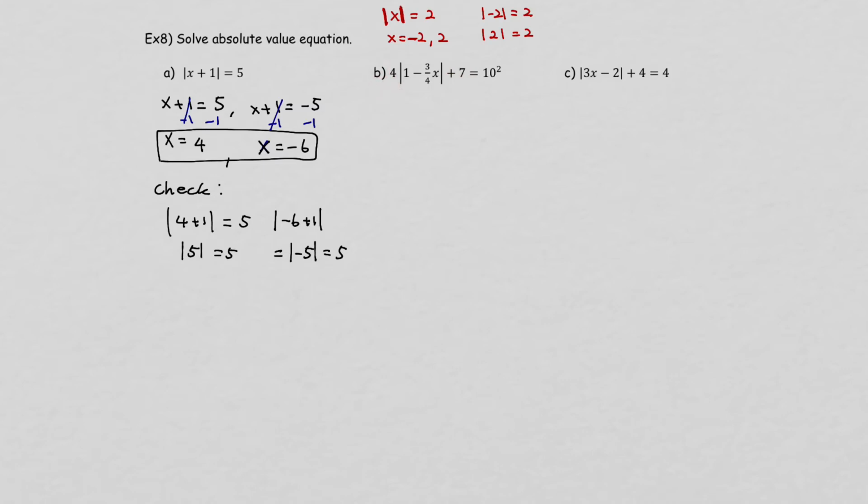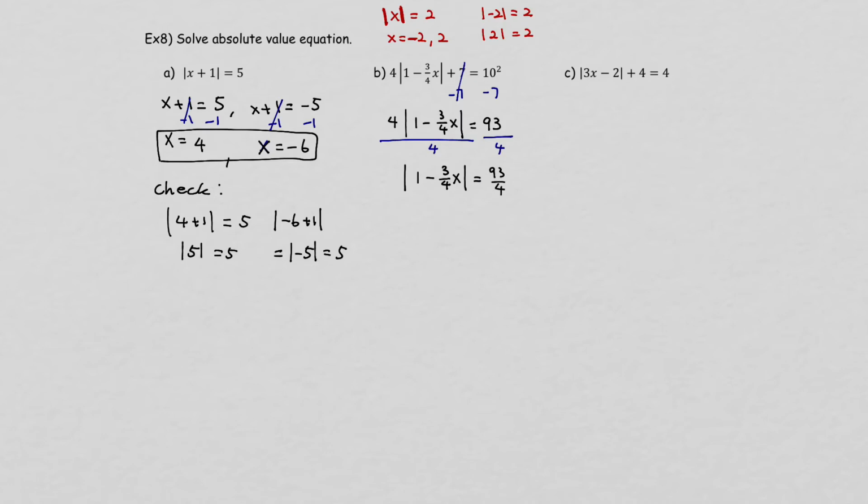So if we start this problem by subtracting 7, you will get 4 absolute value of 1 minus 3 over 4x equal, that's 100 minus 7, so it will be 93. And then we need to divide both sides by 4. I get absolute value of 1 minus 3 over 4x is equal to 93 over 4.